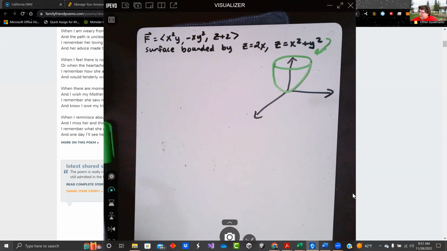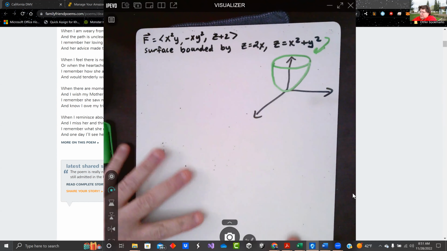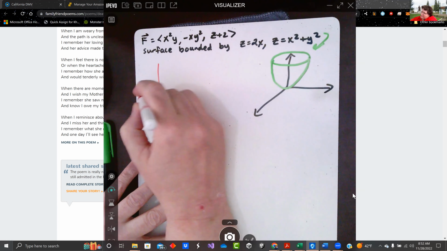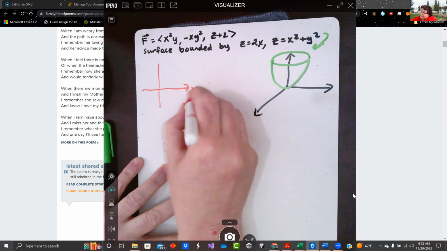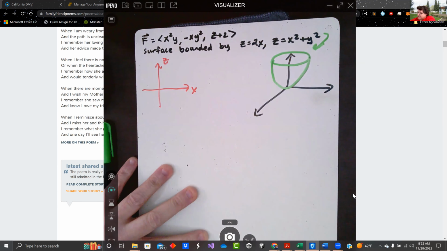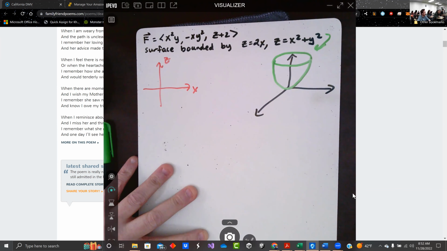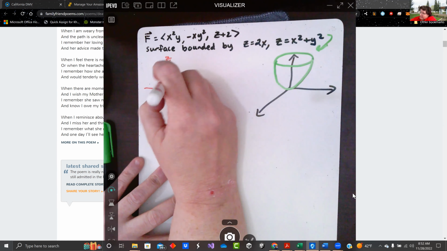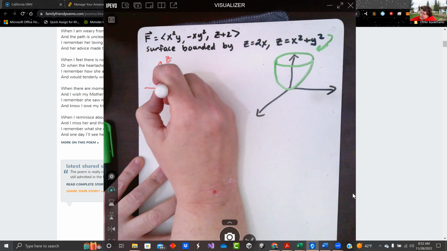Now I'm not very good at doing z equals 2x right away. So I'm gonna sketch it in 2D over here and try to map it over to the picture. If I do z and x like that, so this is kind of like y equals 2x. Y equals 2x would be like this, which means z equals 2x looks like that.